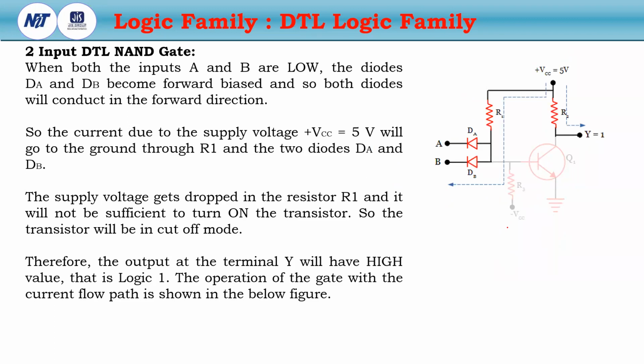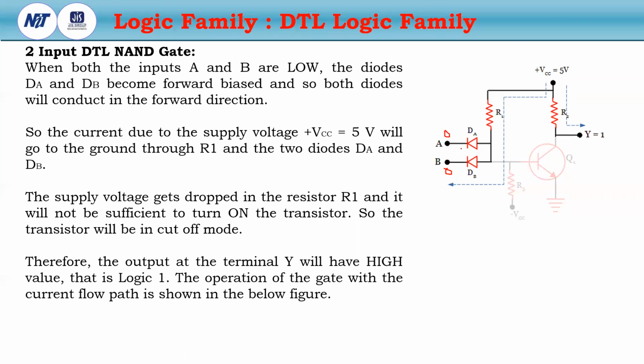The operation of this DTL NAND gate is as follows. When the two inputs A and B are 0, what happens? This is a PN junction diode, so this is P and this is N. Now the P side is connected with VCC and the N side is connected with the ground, or logic 0.